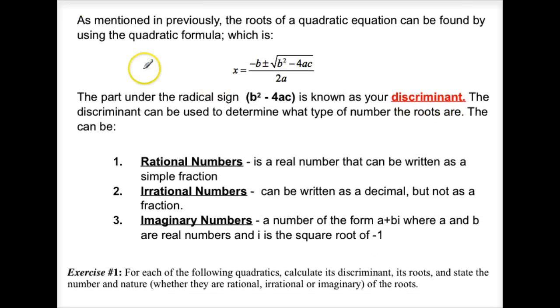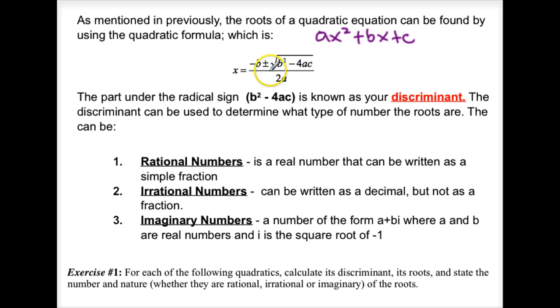So, as we talked about earlier, the quadratic formula is x is equal to minus b plus or minus the square root of b squared minus 4ac, everything divided by 2a. Now, what are a, b, and c? Remember, those came from your quadratic, which is ax squared plus bx plus c.